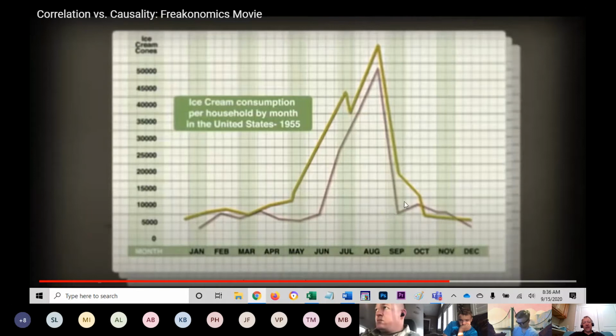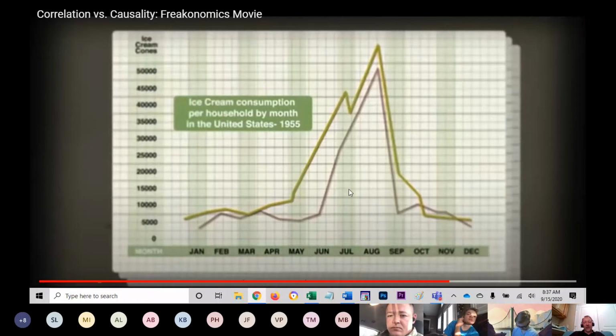They also happen to eat a lot of ice cream in the summer, okay? And so there is a correlation going on. This graph makes it appear like ice cream is causing polio. In fact, there is a correlation, but the lurking variable is it's summertime, okay? And people swim and eat a lot more ice cream in the summertime than they do in the cold winter.